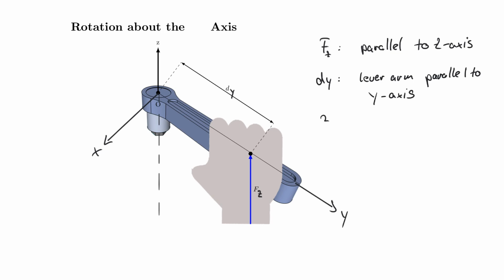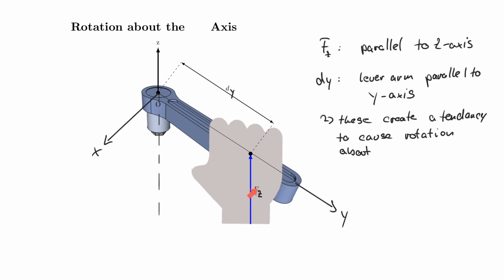And together, these create a tendency to cause rotation about which axis now? That's the question, right?